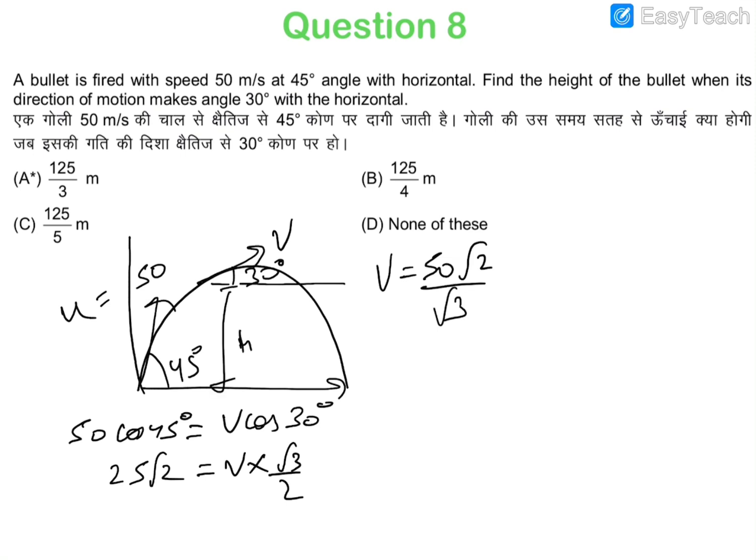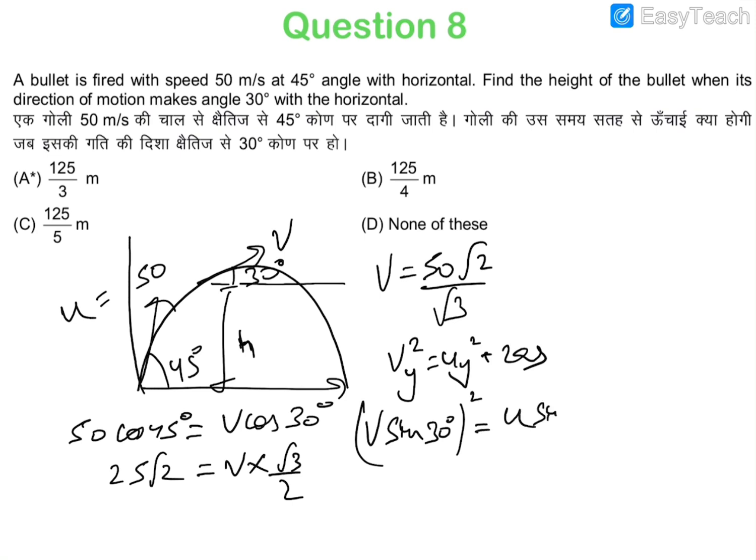So we can use v square is equal to u square plus 2as. So vy will be v sine 30, uy will be u sine 45, and g is in the downward direction while displacement is in the upward direction. So this is minus 2gh.